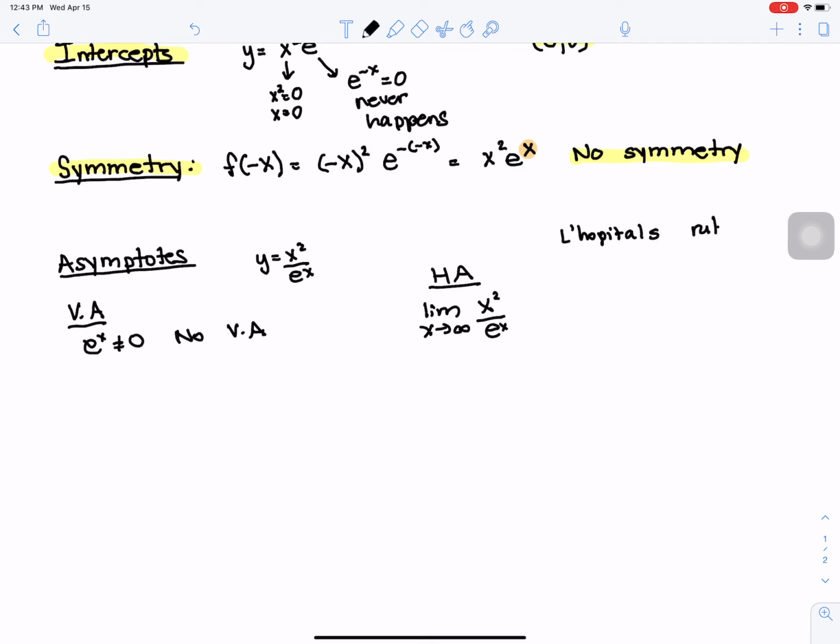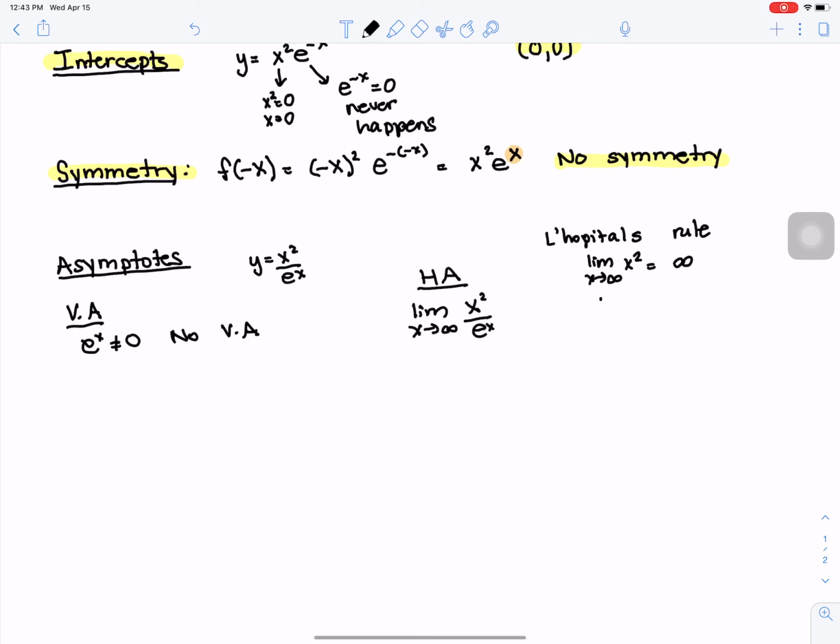If you take the limit as x approaches infinity of the numerator, this gives us infinity. And if I take the limit as x approaches infinity of the denominator, e to the large number is a large number. Since this is the indeterminate form infinity over infinity, L'Hopital's rule can apply.